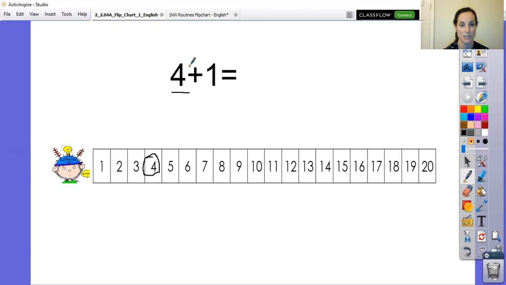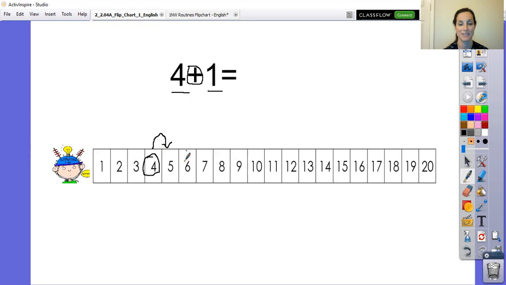When you see the addition symbol, that means we're going to count on. So our number is going to get bigger. How much is it going to get bigger? This number is going to show us how much bigger it's going to get. We only want to go up one more. We're starting at 4, we're counting on, and we're going to jump one time.